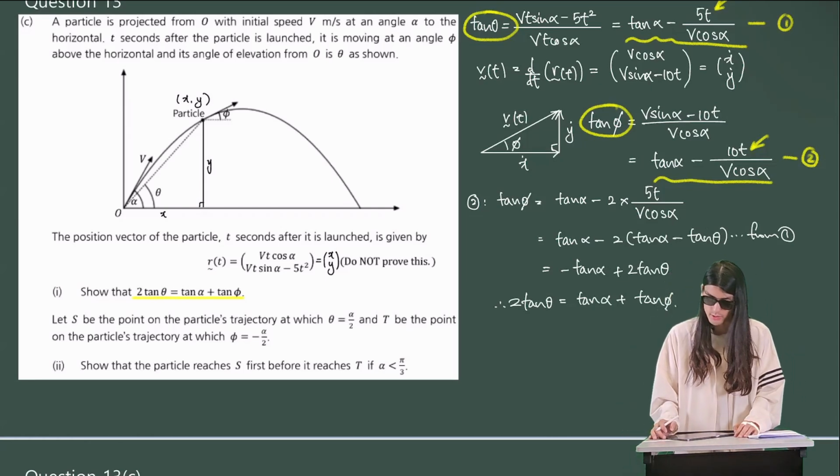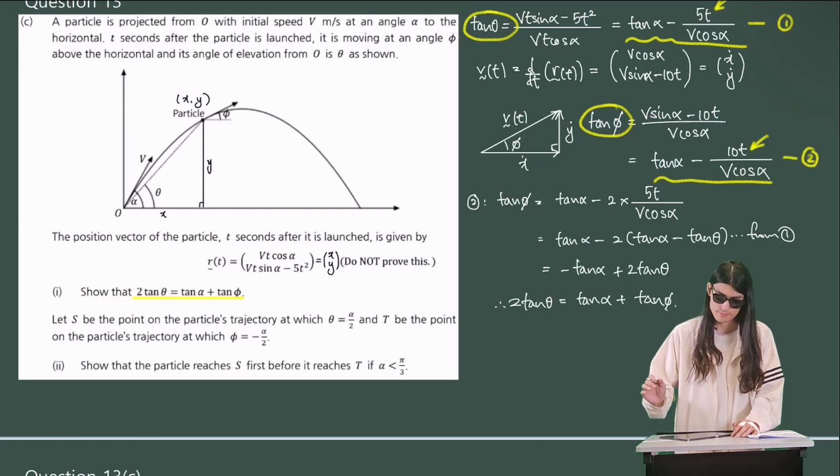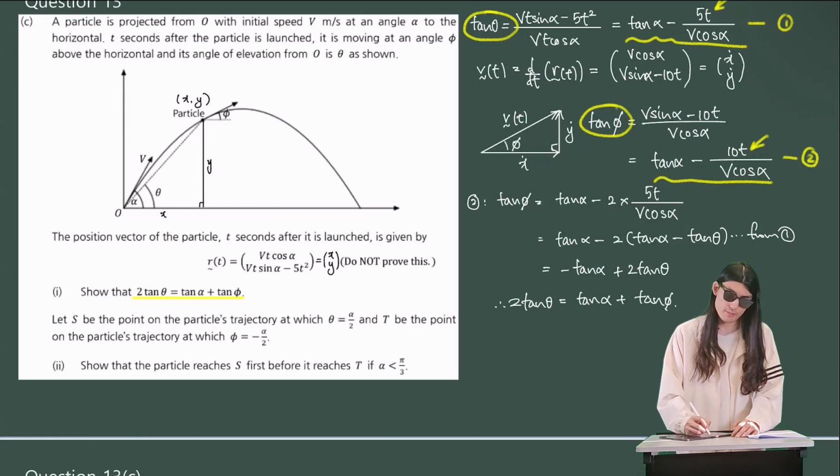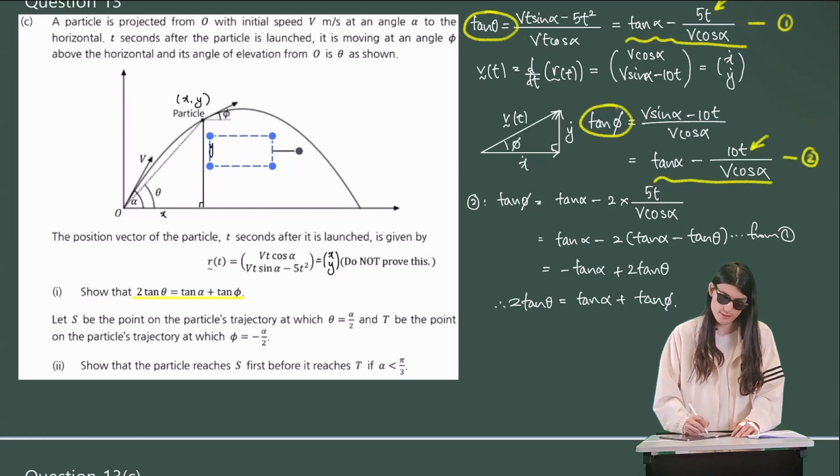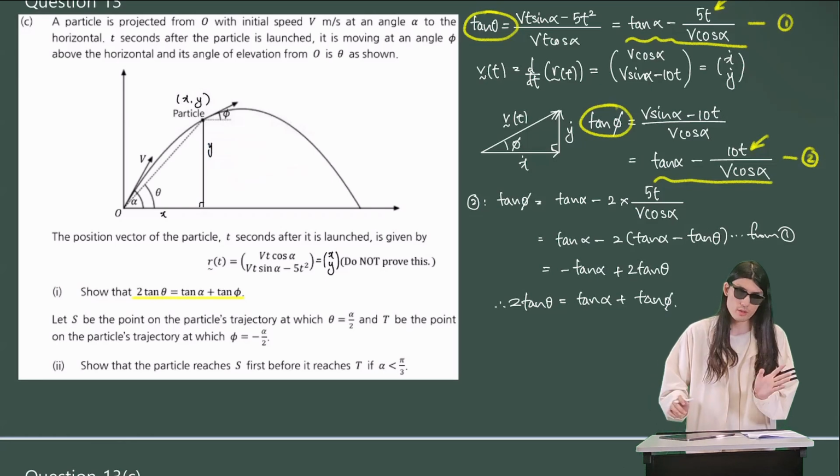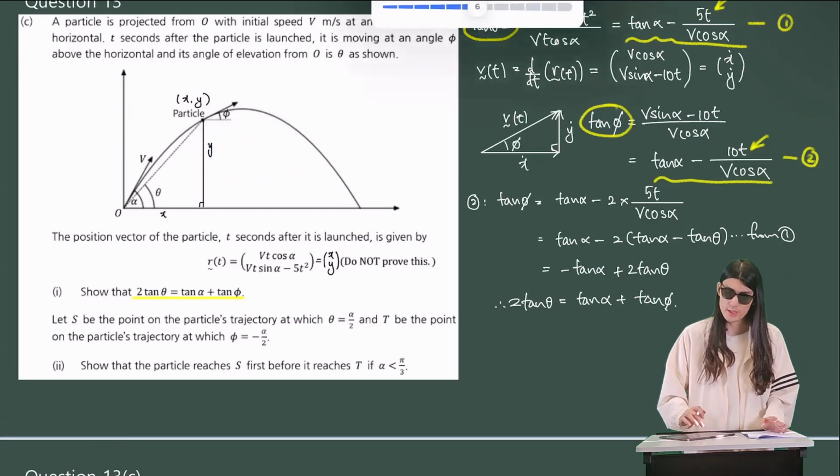And then the second question, second part over here. Let S be the point on the particle's trajectory where theta is alpha on 2 and T is the point on the, what that means is that S, the point S, right, is some point on the particle's trajectory.